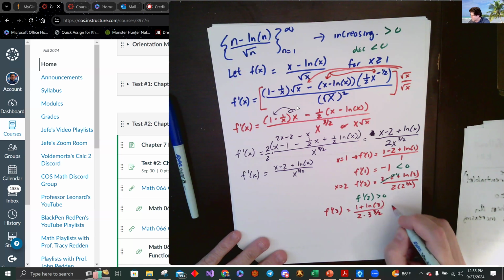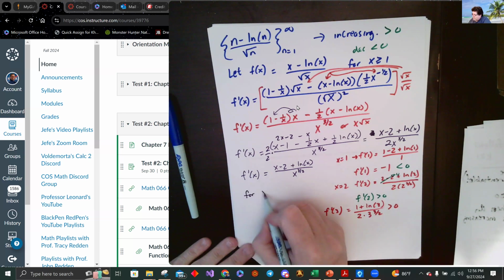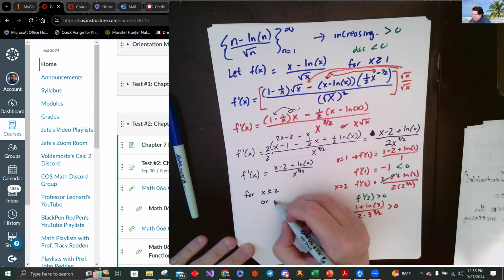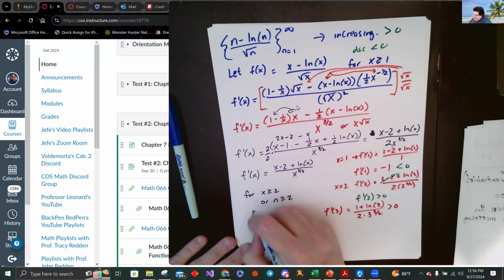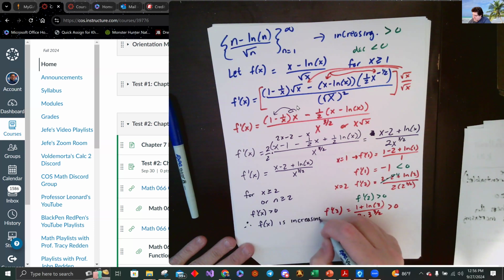Those are both positive terms, so that's greater than 0. And we can see that for x greater than 2, or effectively n greater than or equal to 2, f prime of x is greater than 0. So f of x is increasing. Therefore, f of x is increasing, and thus f of n is increasing.